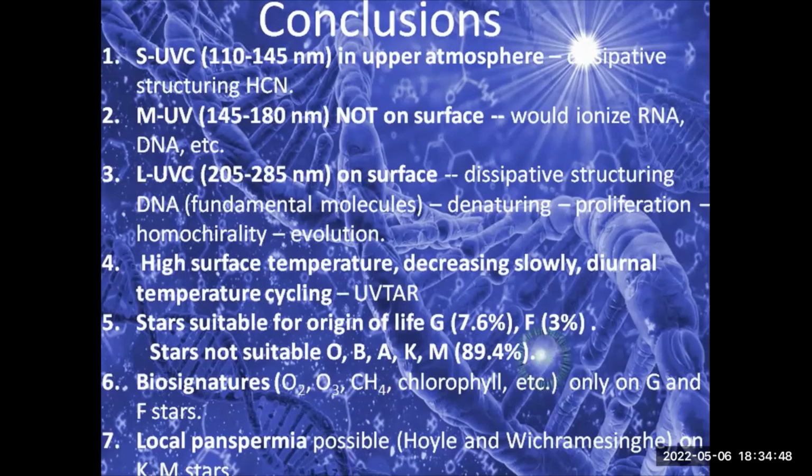Then we could have this local panspermia. This was first suggested by Hoyle and Wickramasinghe. So we could have life on planets of K and M-type stars, but only through panspermia.